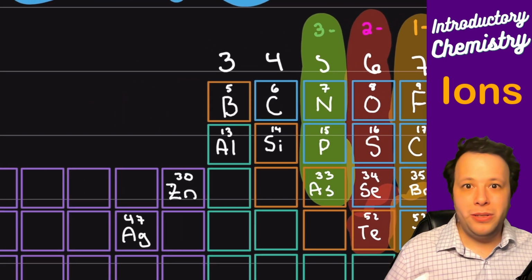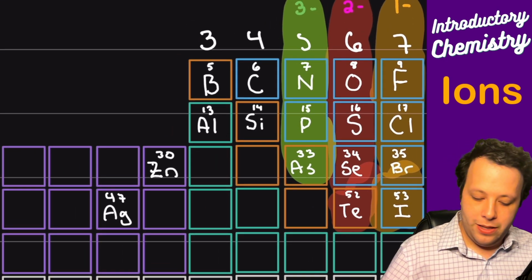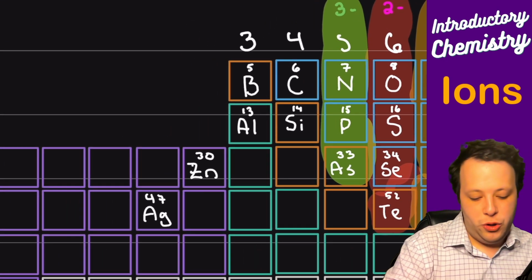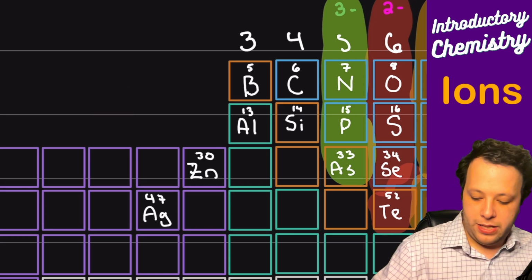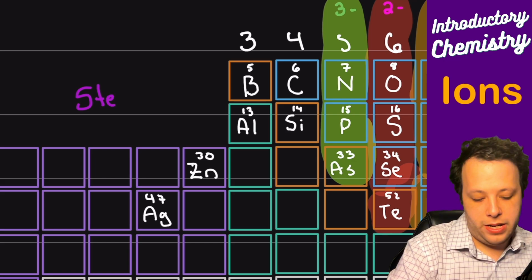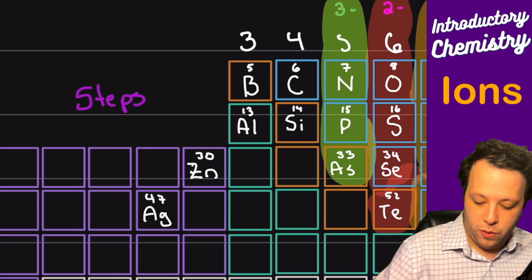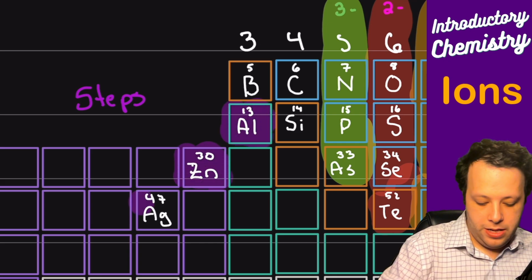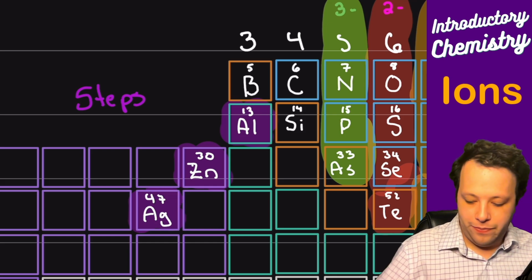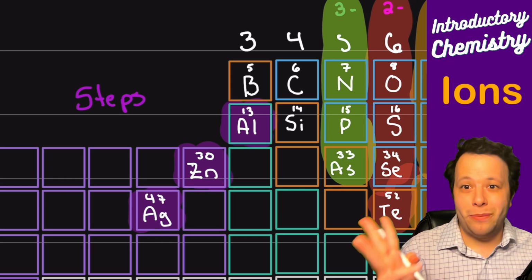Now, are those the only ones that have this charge? There are some other spots too. The first one is what I refer to as the steps over here. The steps start at aluminum on the corner. So we have aluminum, then zinc, and then silver. The way to remember these is to think of 1 step, 2 step, 3 step.